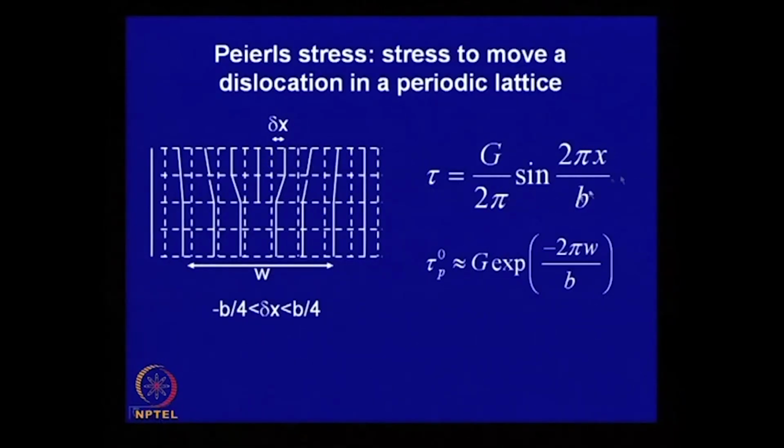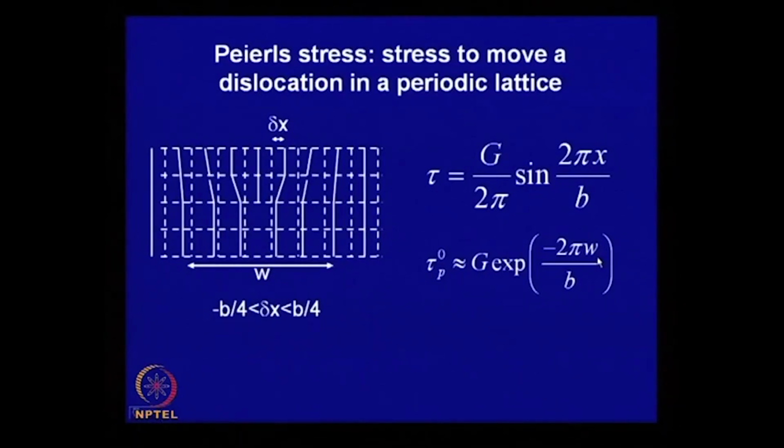So, basically, if you have to move that dislocation through this periodic lattice, you have to overcome an additional force, and they found out that this tau is equal to this. It depends exponentially on W. So, you can just substitute.